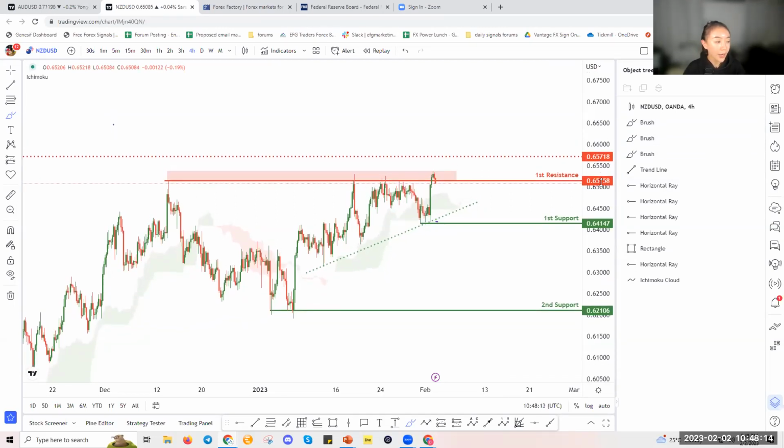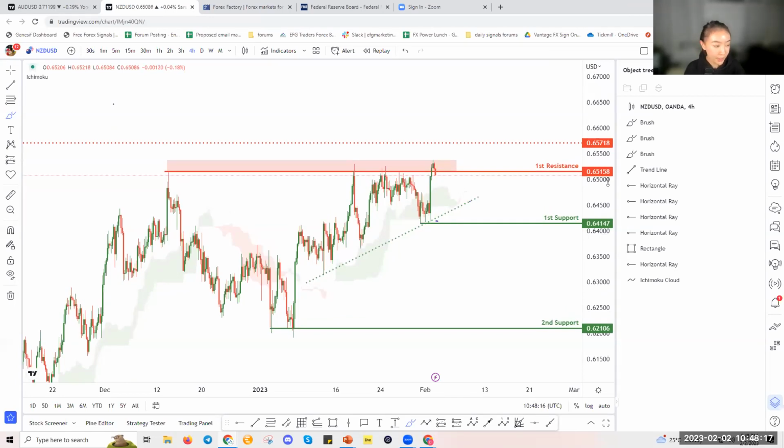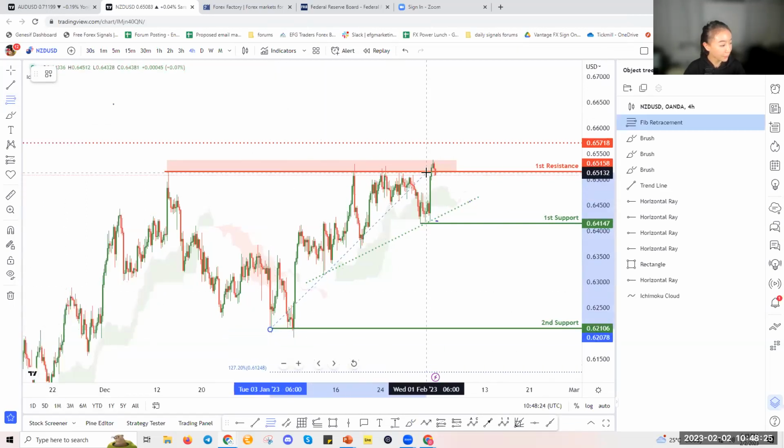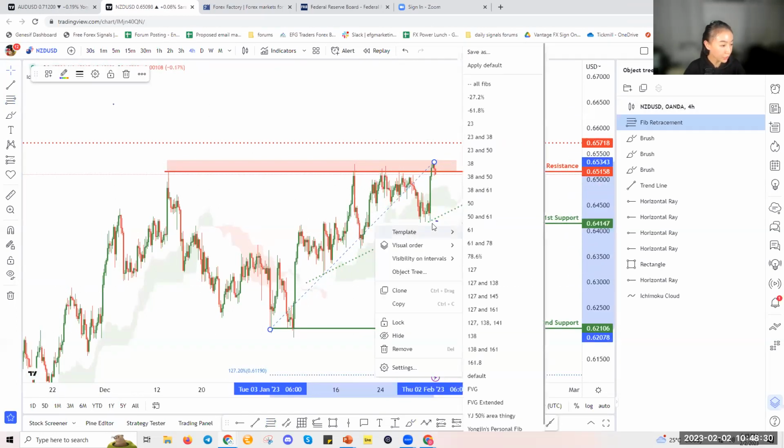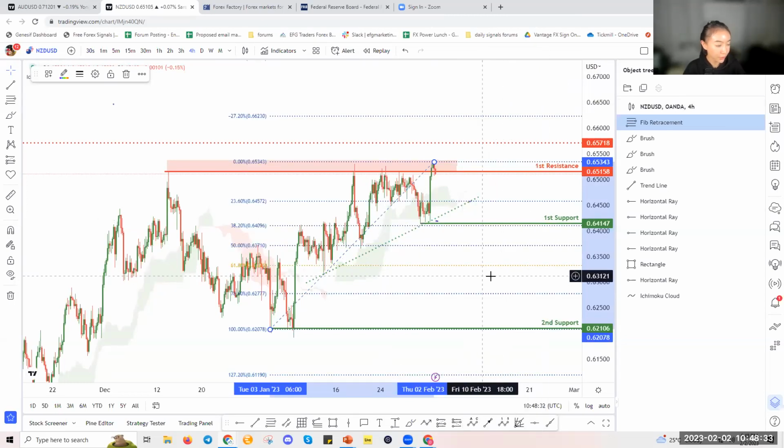Every time after my analysis, I will always draw a Fibonacci to prove that all my lines are significant enough, or valid enough. So most likely I use Fib. As we can see, our first support is very nice. It's just in line with the 38.2% Fibonacci retracement, which means this support is really very important.